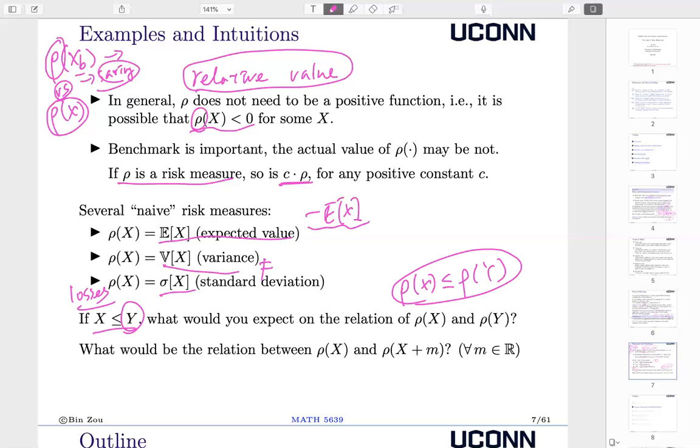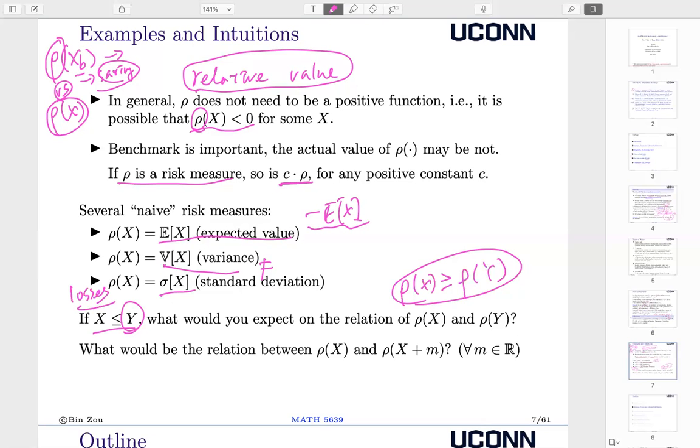Excuse me, I should do the opposite, right? Because to us, we usually treat X as loss. I'm from the math finance side, so I usually use X to denote wealth or return. But here, since we are on the risk management side, we want to use random variables to denote losses.